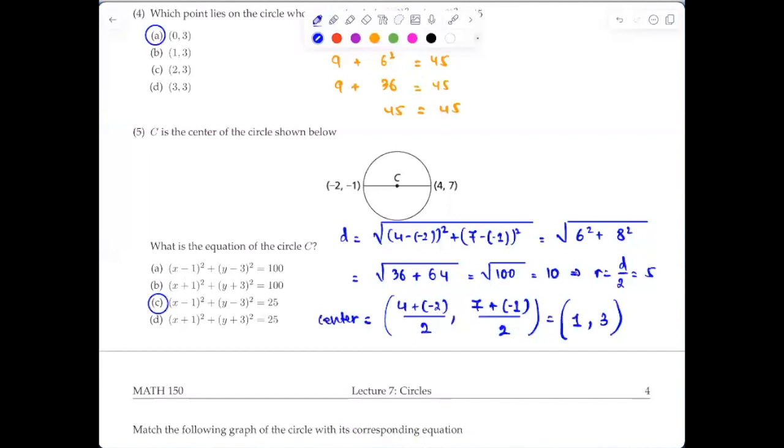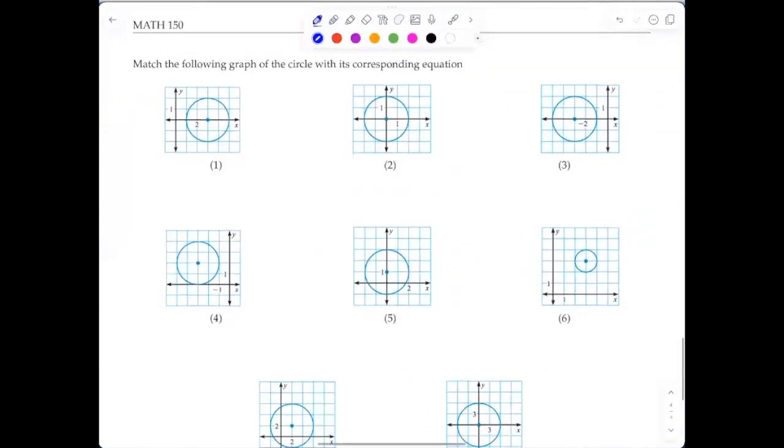All right. So in the next exercise, what you do is you have a bunch of pictures and a bunch of choices. You try to match the picture with the choices that you are given. So it's very simple here. You just look at the pictures you got, but the one thing that you need to be careful about is the scale of the picture that you have, right? The scale of the X and Y axis.